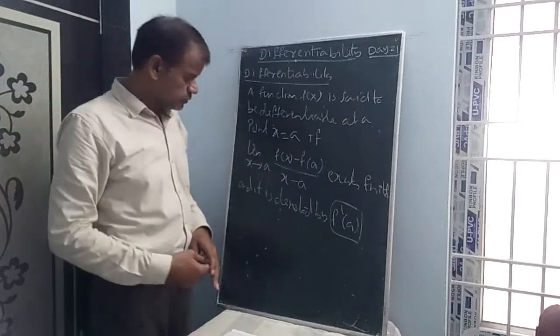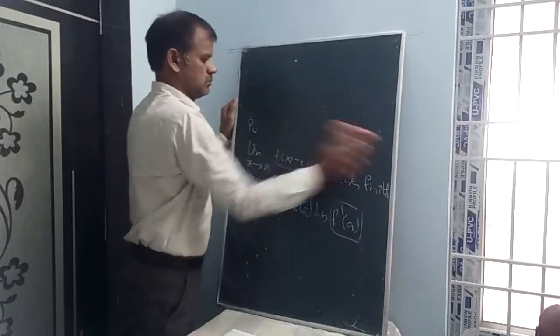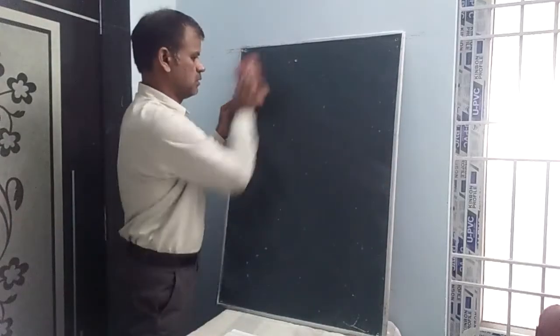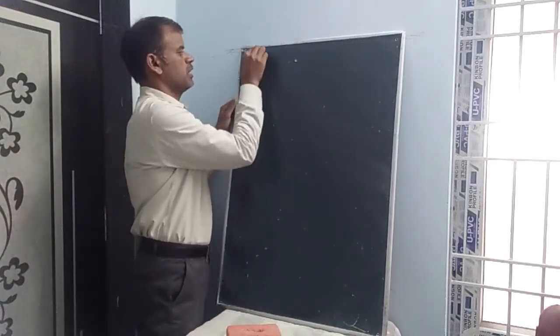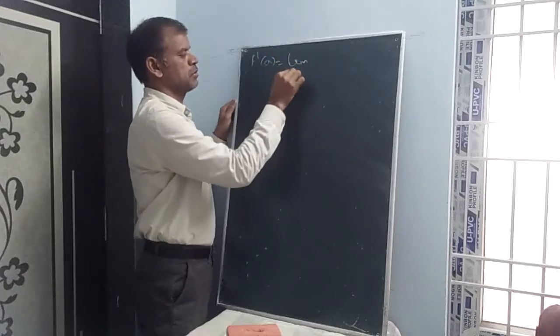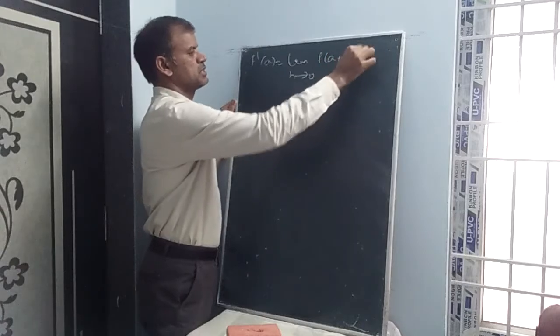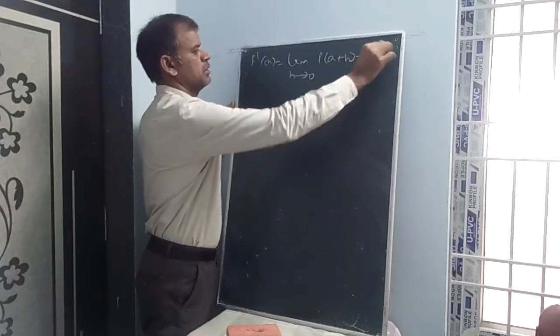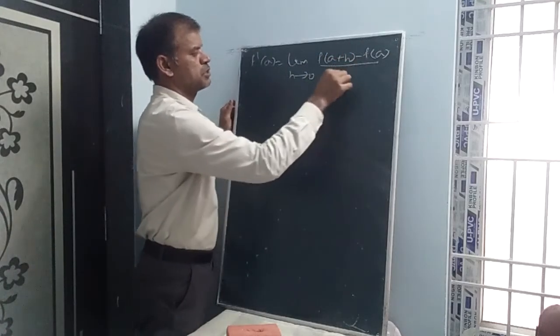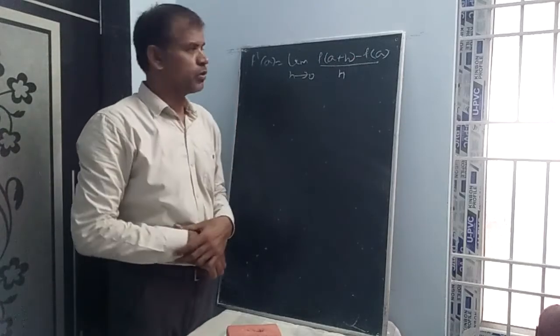This can also be defined as f'(a) = limit as h tends to 0 of [f(a + h) - f(a)] / h. This is the general notation from the first fundamental principle in IPE, which we have discussed.